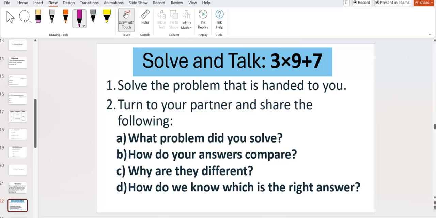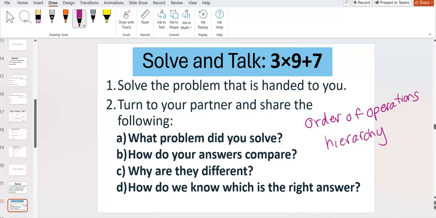So order of operations is what mathematicians have developed to explain to the world what you do first, second, third, and fourth. It's kind of like a hierarchy.